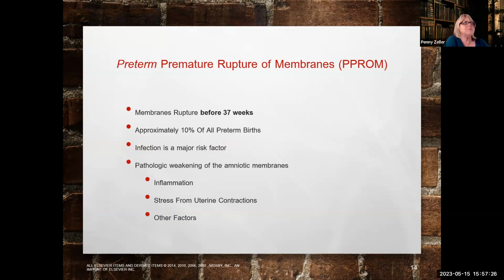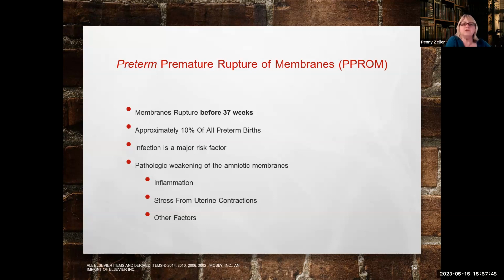So infection is a major risk factor for premature rupture of the membranes. If the membranes leak, that means bacteria can be transmitted up into the amniotic fluid and around the baby.